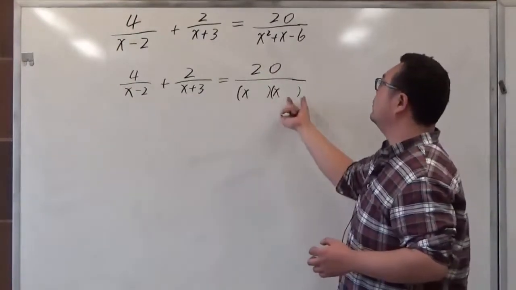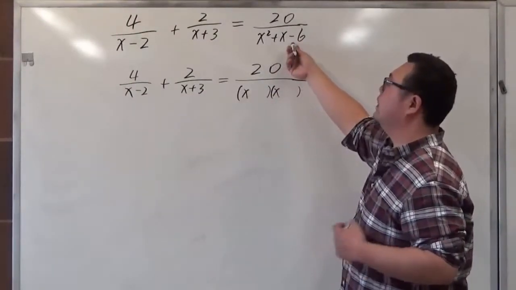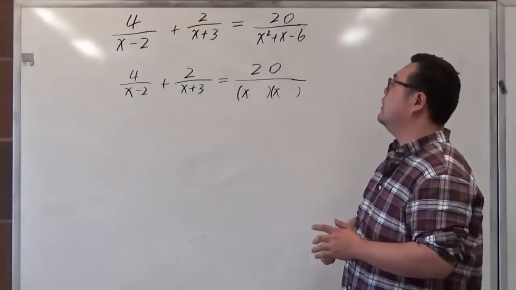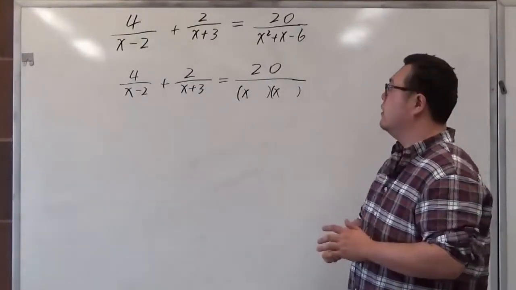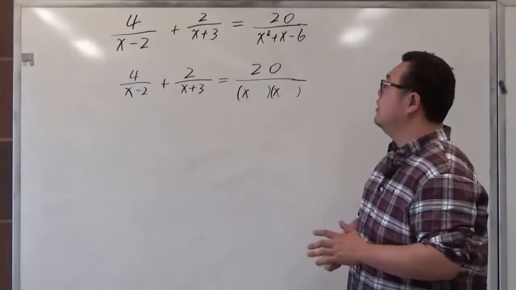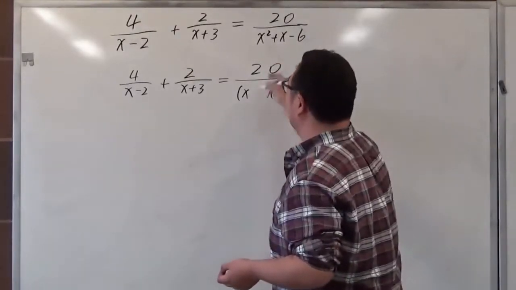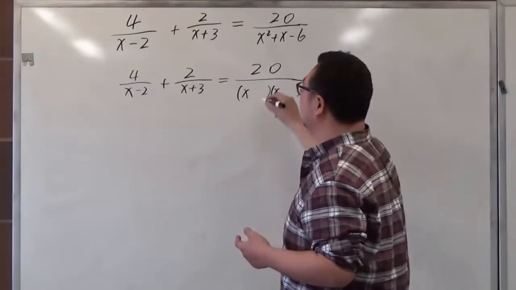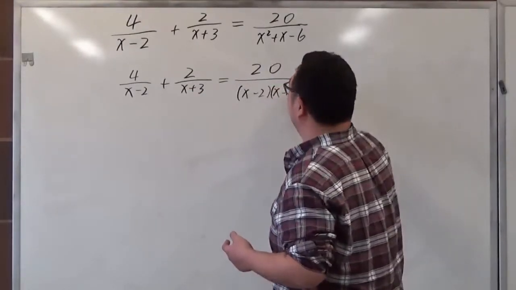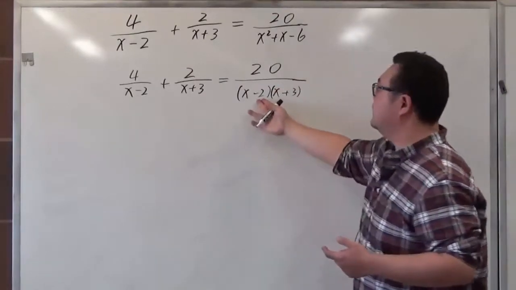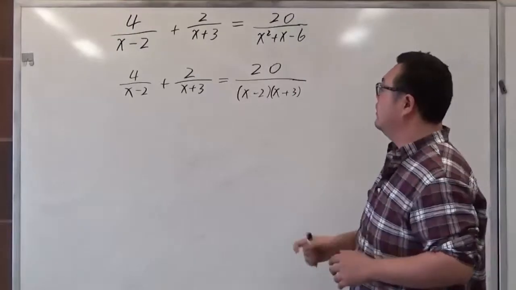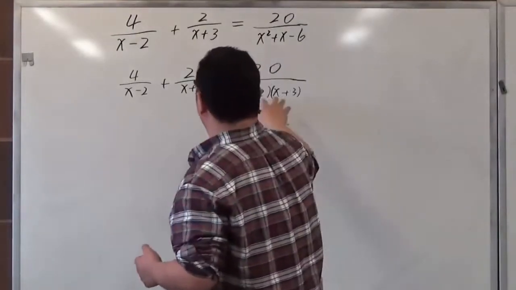The two numbers we're looking for have a product of negative 6 and a sum of positive 1. There are a lot of pairs with product negative 6, but negative 2 and positive 3 is one of the pairs, and their sum is positive 1. So that's the factorization.